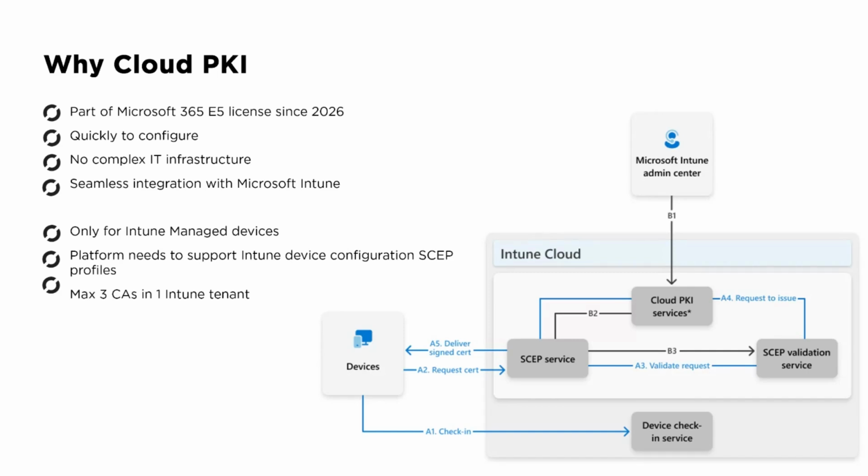The backside of this is that it's only useful for Intune managed devices. So we can only publish the certificates to devices that are managed by Intune. And those devices need to support the Intune device configuration profile, the SCEP profile. Almost every type of device that we can manage within Intune supports that. So we can support Windows, but also Android, macOS, and iOS. Nice.